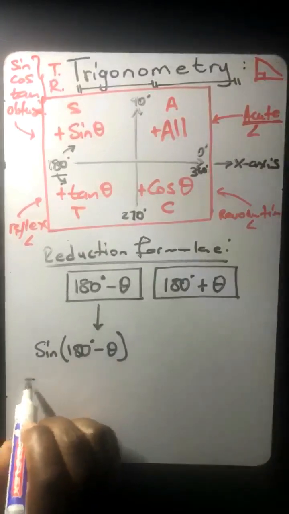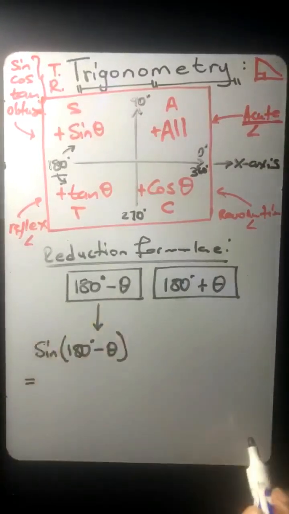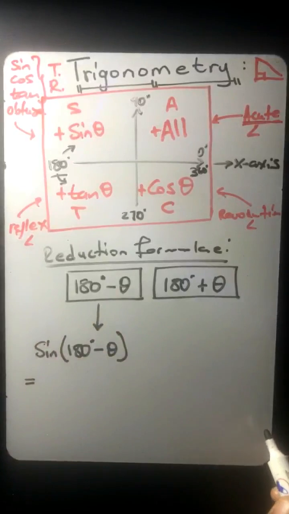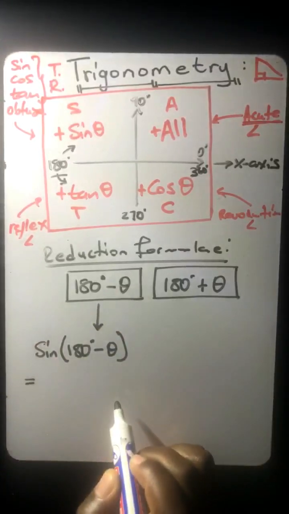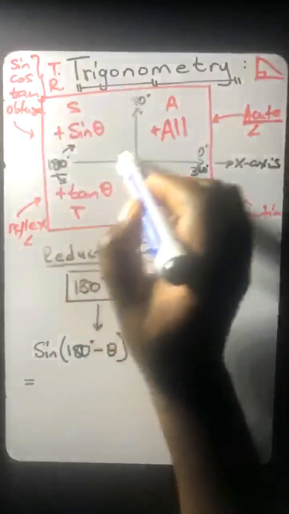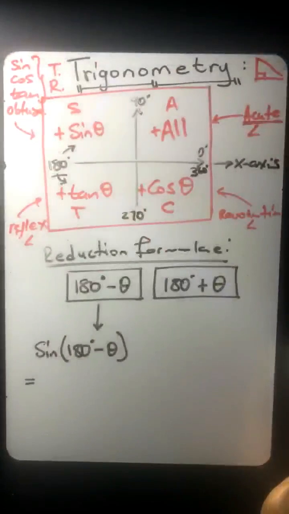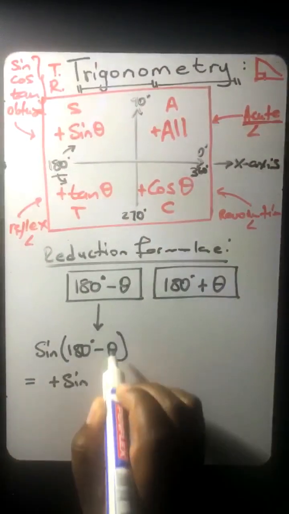So that means, you remember in mathematics, we always don't want to see the brackets. So when you use a reduction formula, you are actually trying to remove those brackets. Then you ask yourself, in this second quadrant, is sine positive or negative? It's positive. That is why you're going to have positive sine of that.